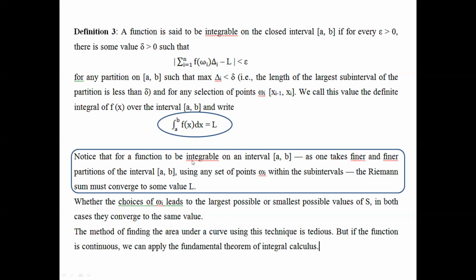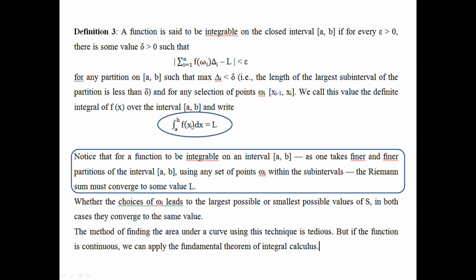So if a function is integrable within an interval, what happens outside the interval is not our concern. So if a function is integrable within an interval ab, we simply take finer and finer partitions, n tends to infinity. In that case, the choice of omega doesn't matter, as we have shown. The Riemann sum will converge to some value L.